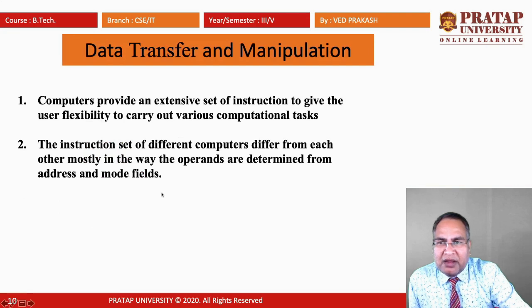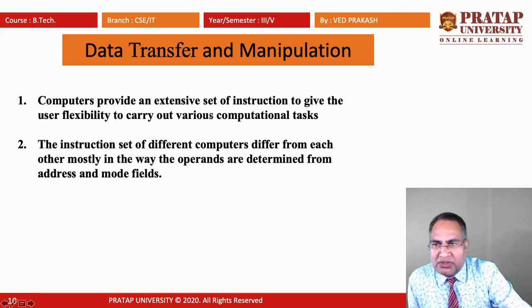So, basically, we know that computers provide an extensive set of instructions to give the user flexibility to carry out various computational tasks. Any computational task performed in the computer requires various types of operations.